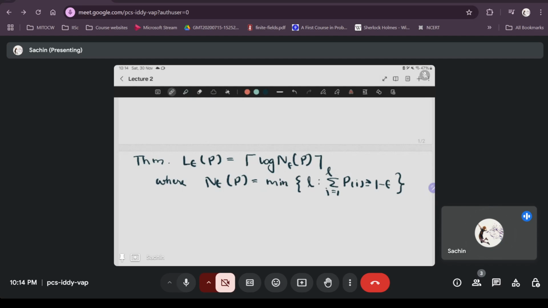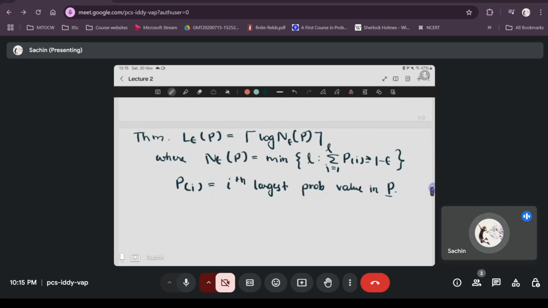So what this n epsilon of P quantity is: you have a random variable with a set of outcomes and you have a probability distribution. You arrange the variables and the probabilities such that the ith largest value is P of i. So you arrange your probabilities in descending order.